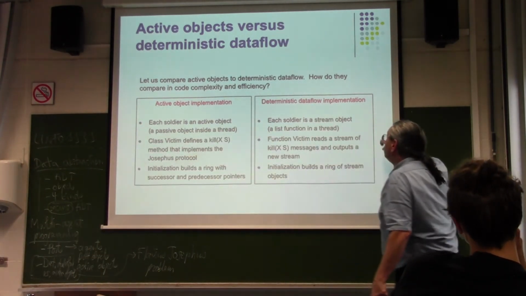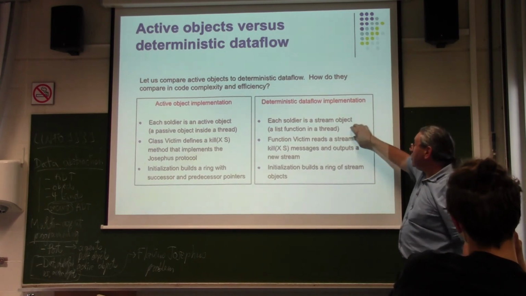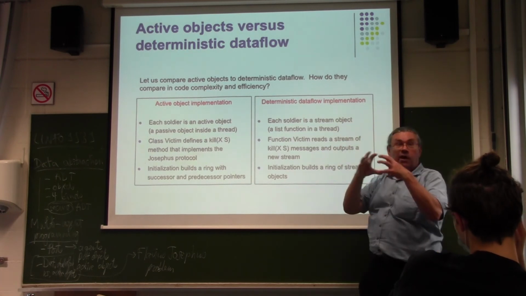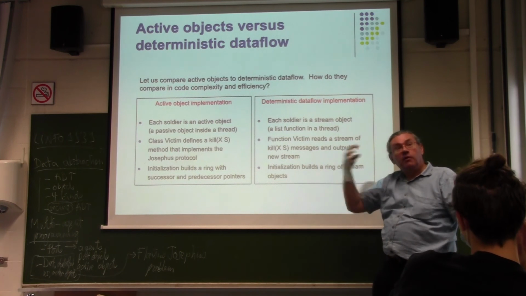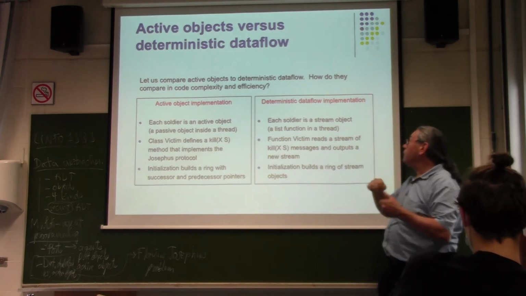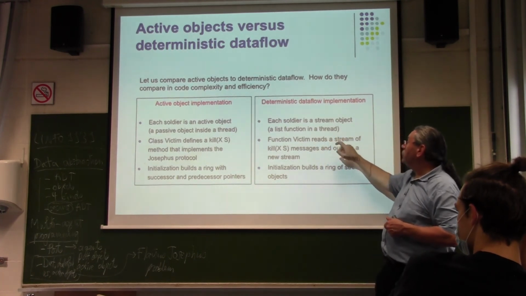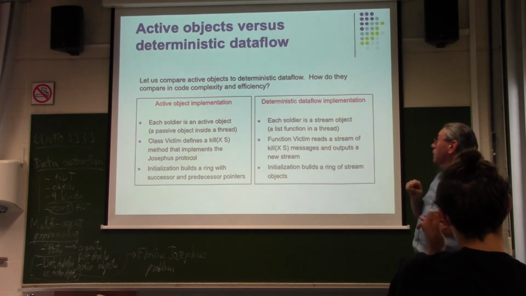Now, I'm going to do a deterministic data flow implementation again. So here, each soldier is what we call the stream object. So it's basically receiving a stream and sending a stream, like we saw for Hamming and for the other things. The victim is a function, it's not a class.